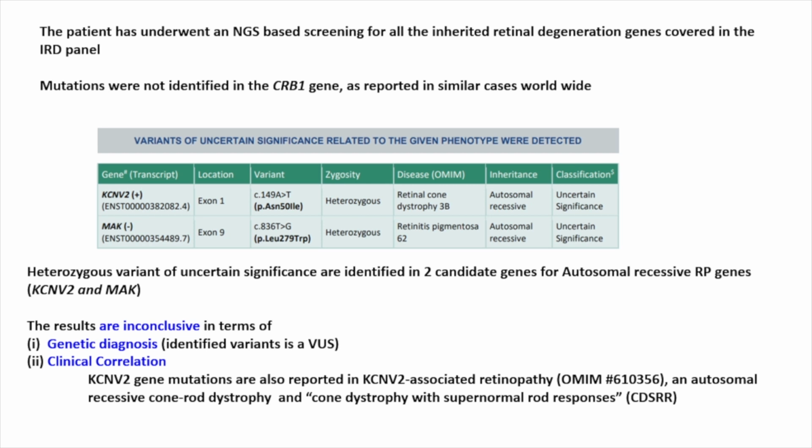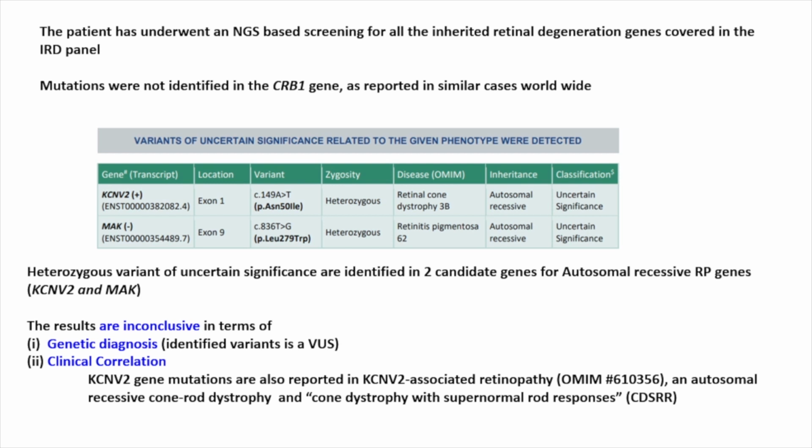In an autosomal recessive inheritance, we find the mutation in a homozygous status, where both parental alleles carry the mutation. Therefore, we expect a homozygous mutation. But here we observe a heterozygous mutation.